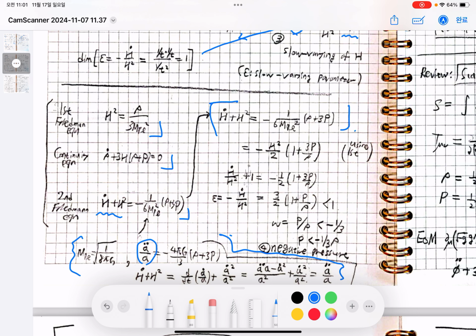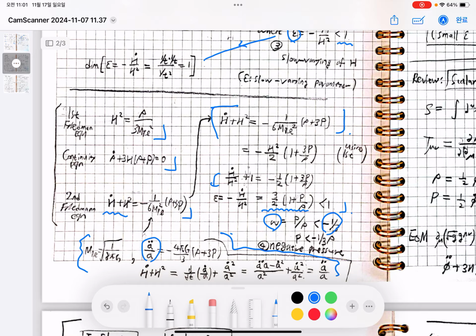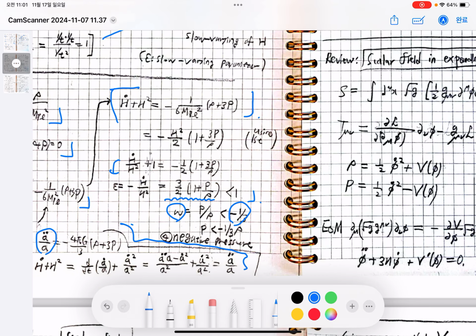And if we manipulate some terms, then the result becomes epsilon as minus the Hubble dot over the Hubble scale, and epsilon should be smaller than 1. And the result of epsilon is given by functions of the pressure P and energy density rho. Then we can check that the equation of state omega should be smaller than minus 1/3. So those conditions are actually the same as negative pressure, which is the breaking of the strong energy condition.